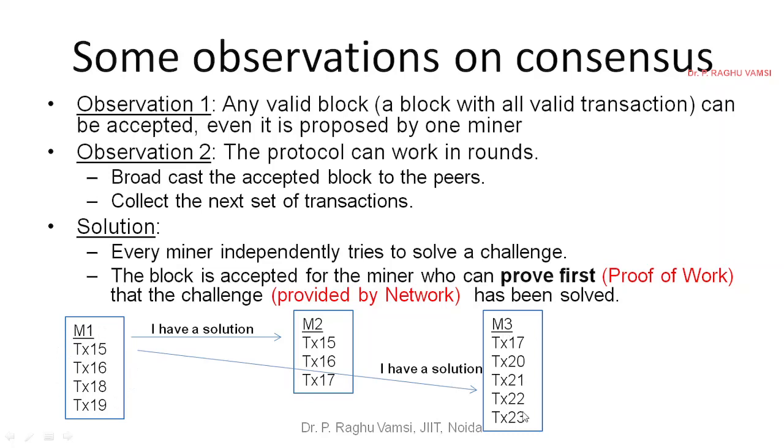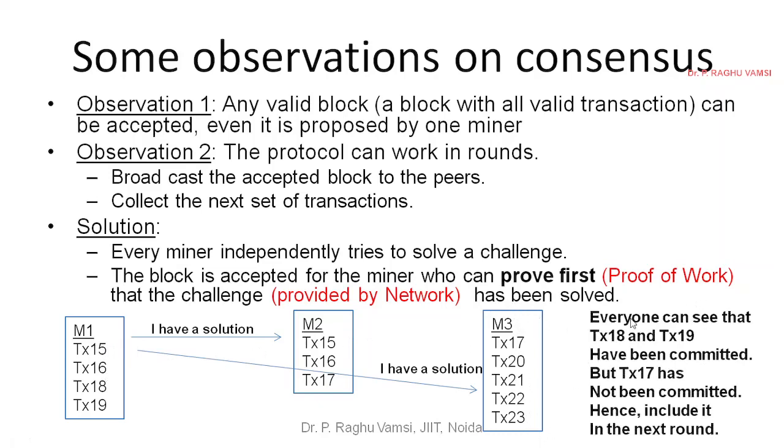M3 has 17, 20, 21, 22, 23, but not 15, 16. Everyone has seen that TX 18 and 19 have been committed, but TX 17 is not in the committed block.